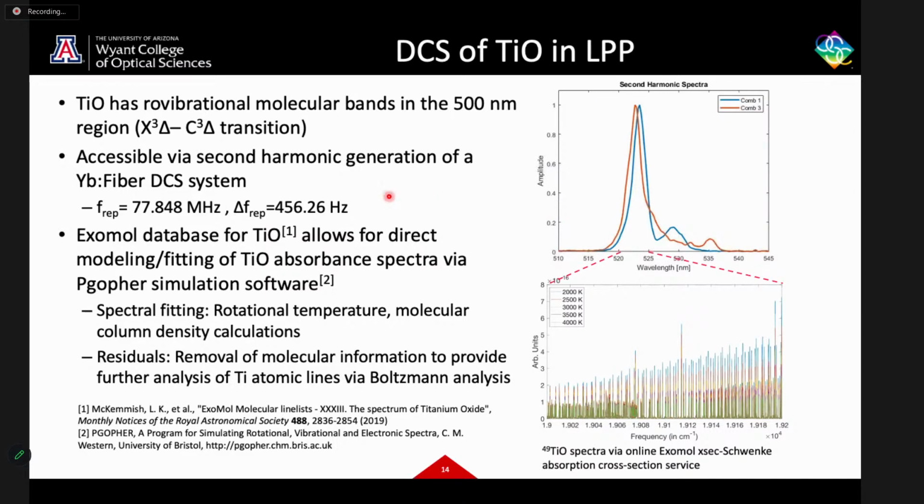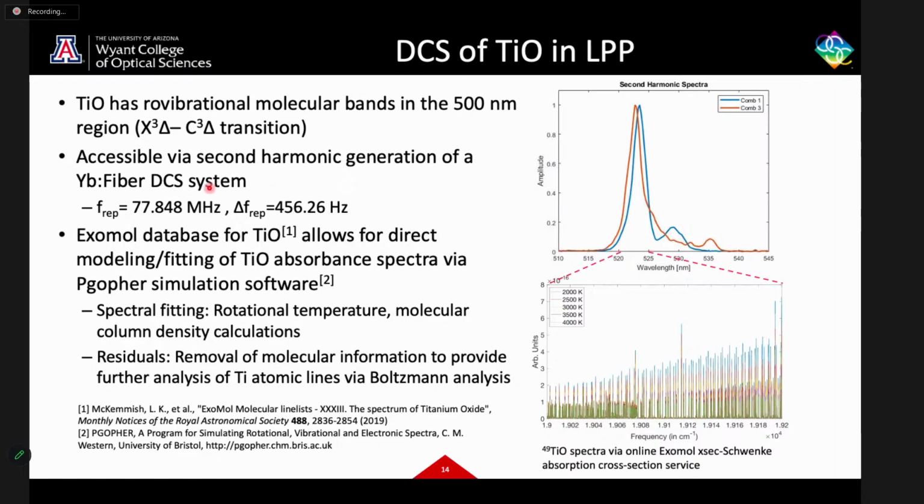This oxide has a rovibrational band in the 500 nanometer region. So while we couldn't use our erbium DCS laser system to measure this, we were able to access this using second harmonic generation of a ytterbium fiber dual-comb system.